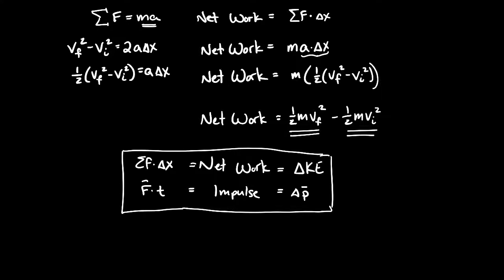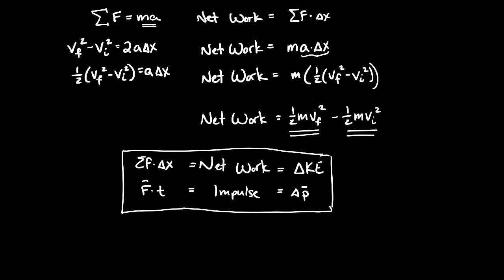Net work is the change in kinetic energy. Although energy and momentum are not the same measurement, they work together to give us a picture of what's happening to objects. It is important that you know that work is a scalar, though, and impulse is a vector. It's very important that you keep those straight.